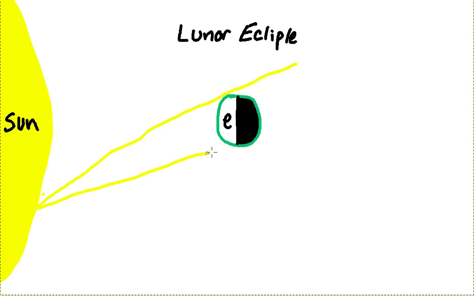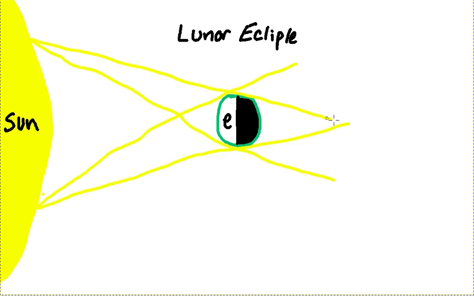Hopefully I can get it this time. They're not supposed to be curving like that. And here's 2 more rays doing the same thing. Just barely making it past, but everything in between them gets blocked. There we go, that's better.